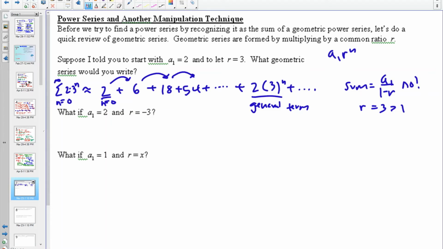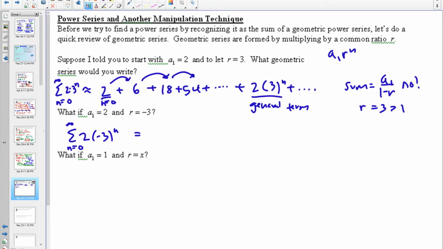All right, what if I had to write this geometric series here? This geometric series would be a1 times r to the n, which would be 2 times negative 3 raised to the n. I'm going to start at n equals 0 and end at infinity.